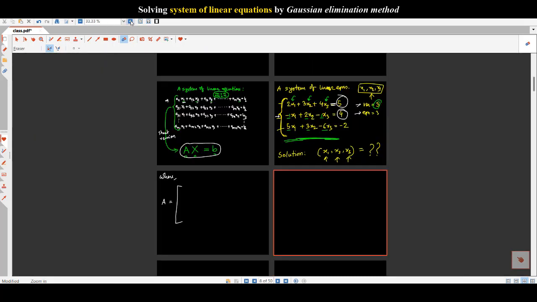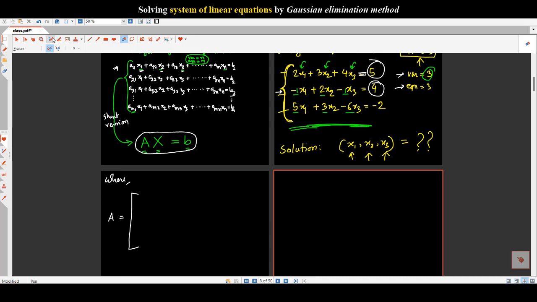So here, from the previous main system, we can think about all the coefficients a11, a12, a13 up to a1n. From the first equation, we have just taken the coefficients of every variable x1, x2, x3, xn, and these are a11, a12, a13, a1n.